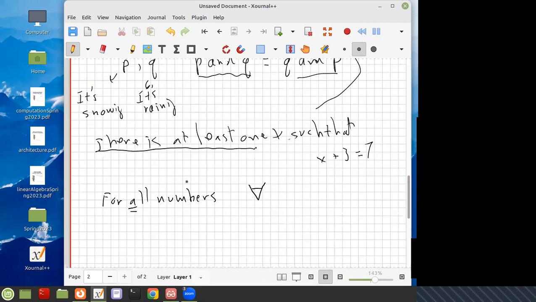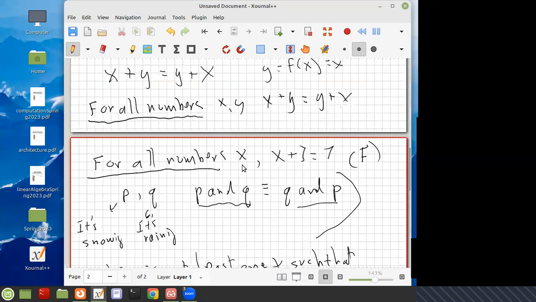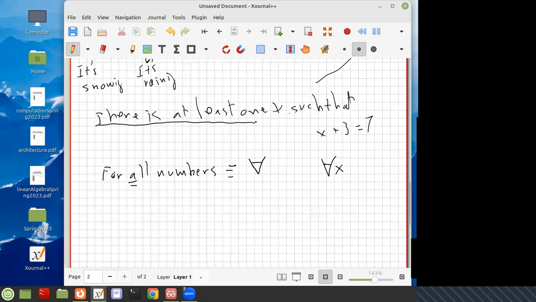So if you take an upside down A, this is what this means. It just means for all. So the phrase for all values X would be for all values X. So I could write this proposition up here as for all values X, X plus 3 equals 7. And of course, that's false.